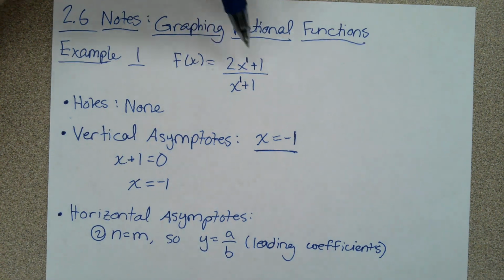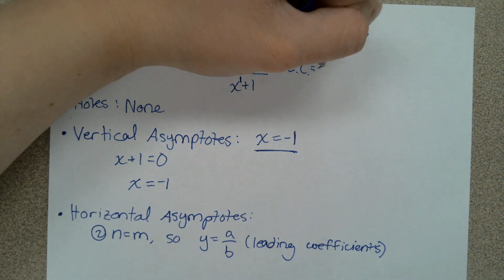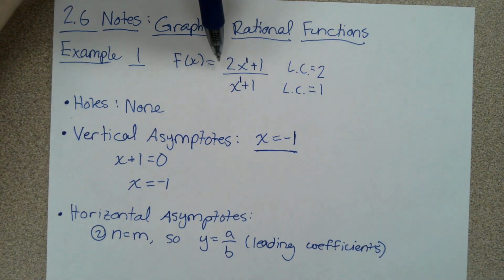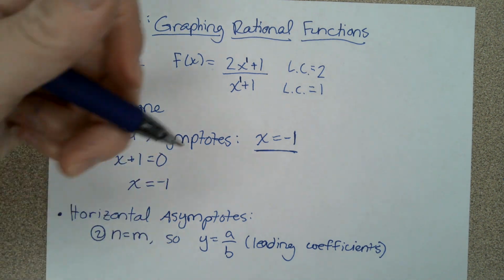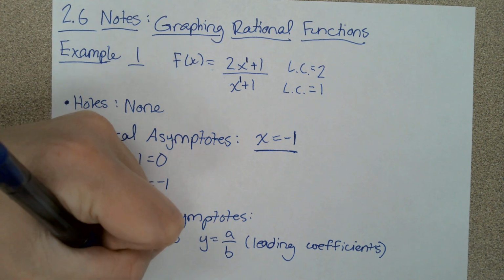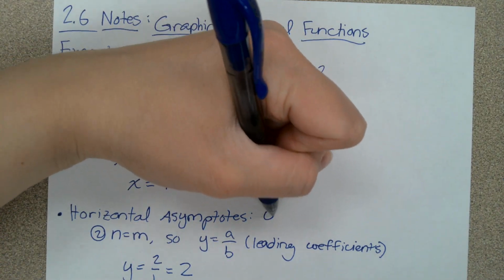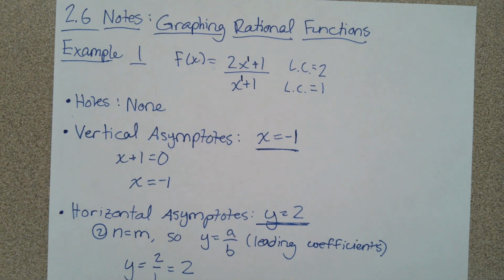So if we come back up here, the leading coefficient, LC, of the top is 2, and LC on the bottom is 1. Because in front of our highest term, we have a 2 on the top and a 1 on the bottom. So our asymptote is y equals 2 over 1, or just 2. So y equals 2 is our horizontal asymptote.